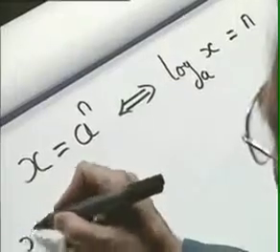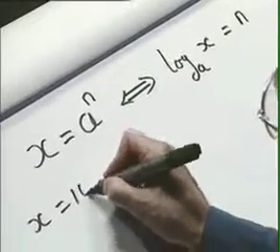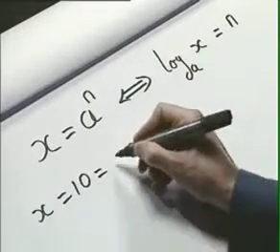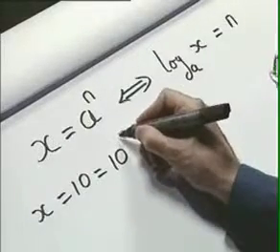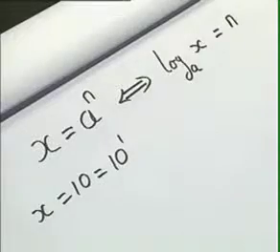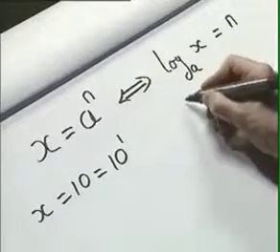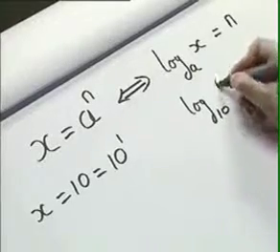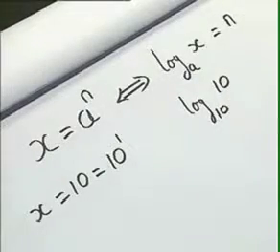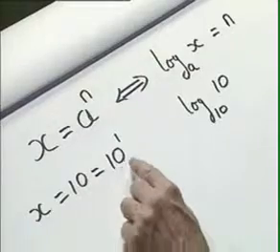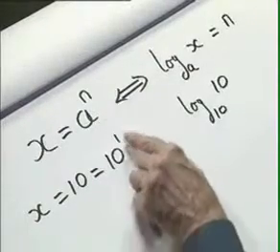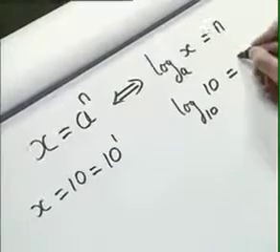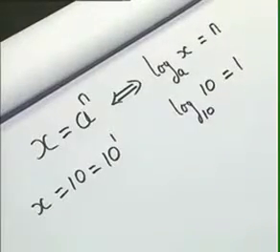Supposing x were equal to 10, then we can write 10 as 10 to the power 1. So if I now take the log to base 10 of 10, then because 10 can be written as 10 to the power 1, its logarithm to the base 10 must be 1.